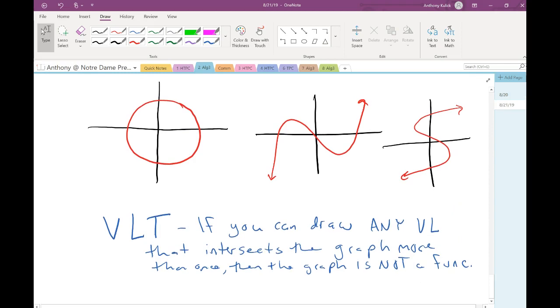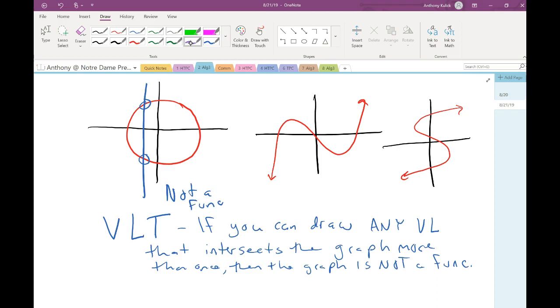So if I look at this circle here, function or not? Not. Because you could draw, say, a vertical line there, and that intersects the graph 2 times. Everybody okay with that? If I look at the next one, is that a function? Yes.